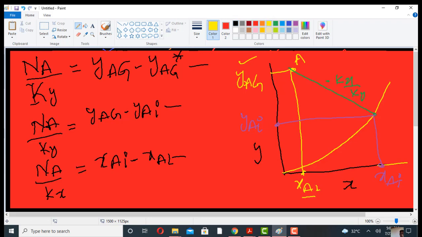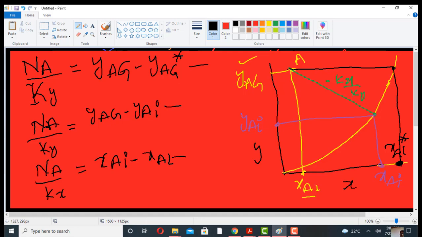This is the equilibrium curve. We come to this point, so the equilibrium concentration of component A in the liquid during the equilibrium, which is XAL star.